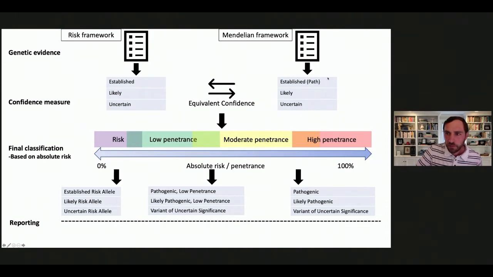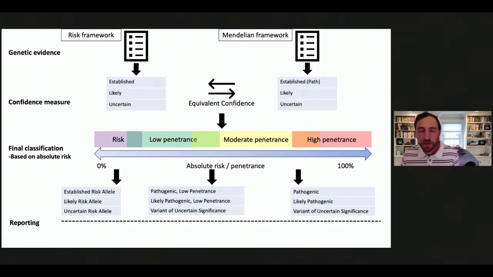Separately, you have a more common Mendelian framework, where typically what we do is pathogenic, likely pathogenic, and uncertain, the normal ACMG AMP guidelines. We wanted to get to the point where we think there's equivalent confidence here. So if something's established by this framework or established by this framework, they should have the same level of confidence.